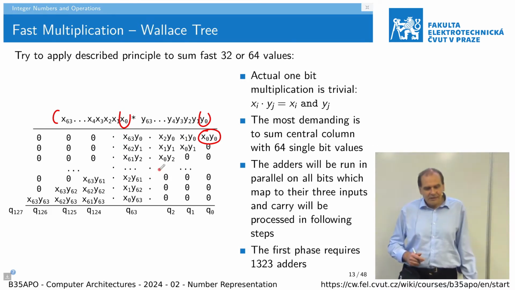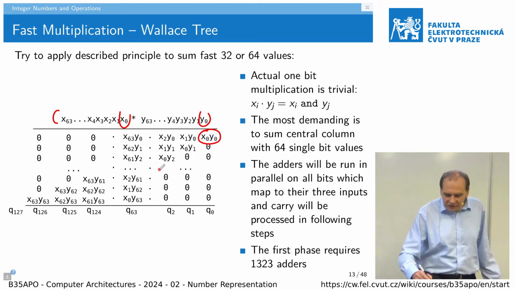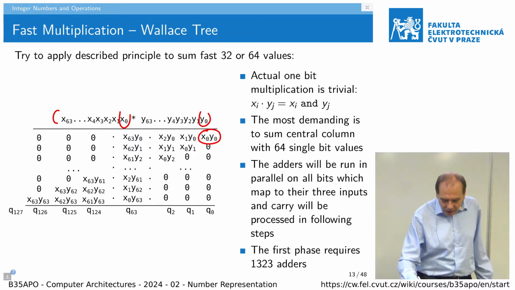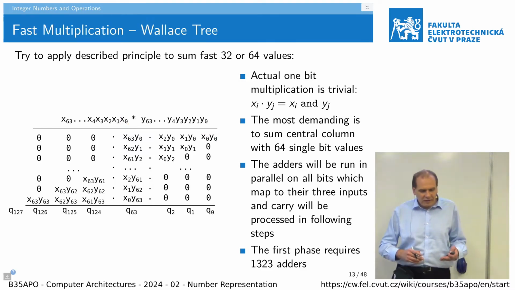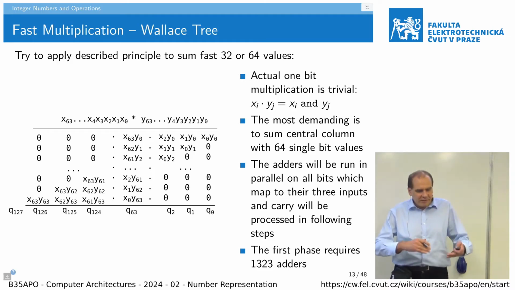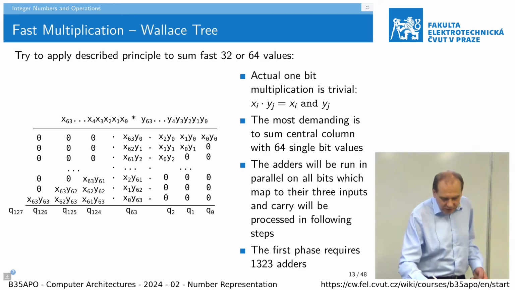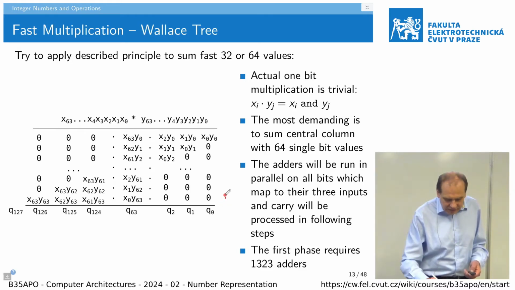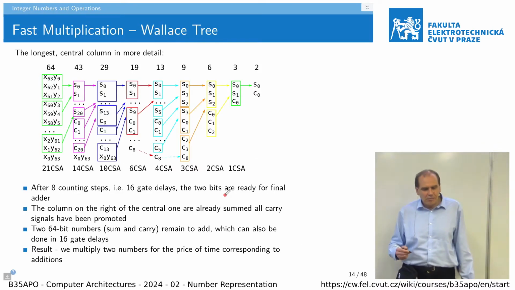And then we need to add them together. But if we do this the clever way, adding only the three inputs without the carry, using this carry-save adder, which provides a carry as another result, then we can simplify the addition much more.